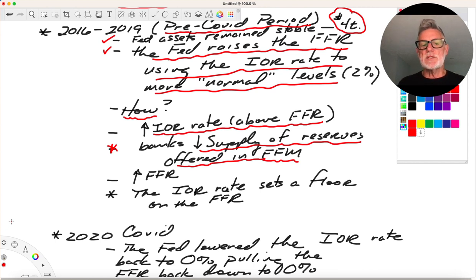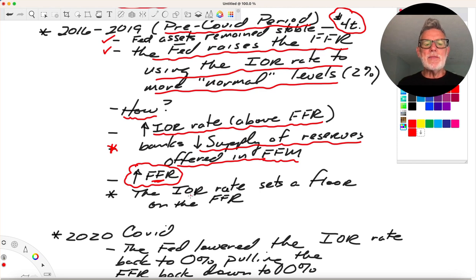Well, that decreases the supply of federal funds, and guess what? It drives the federal funds rate up. This is simple supply and demand. If you pull funds out of the federal funds market, decreasing the supply of those funds, it will drive up the price of those funds, which is the federal funds rate.